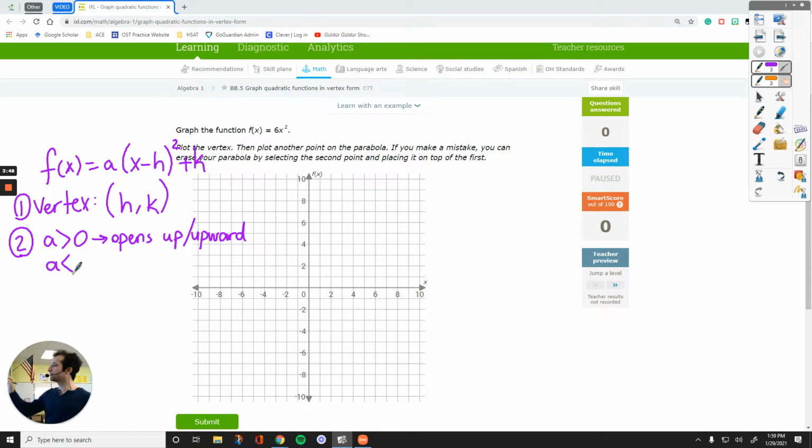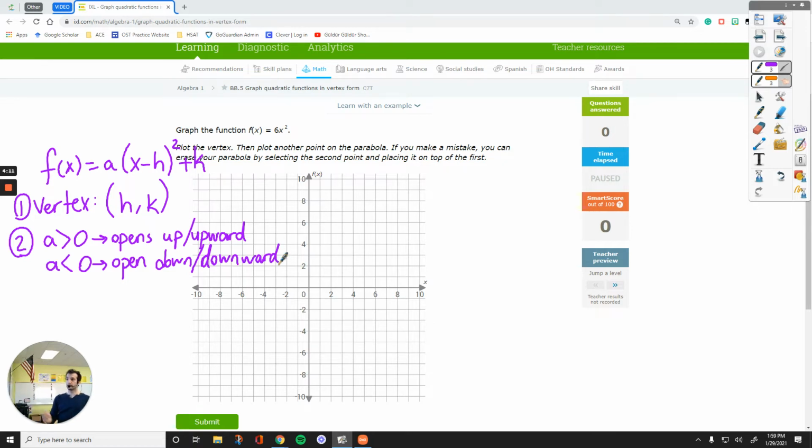If that number, the first number on the right side, right before the x part, is a negative number, it'll open downward. Or in some resources you can see this word, downward.